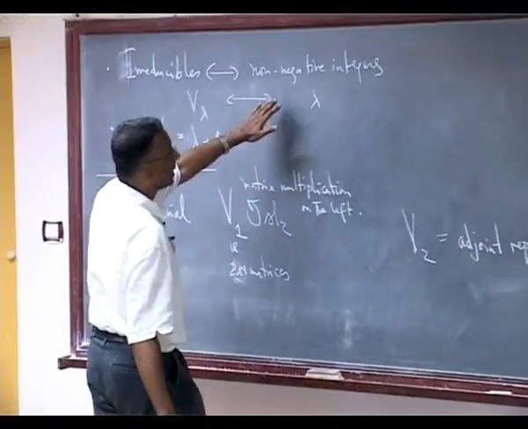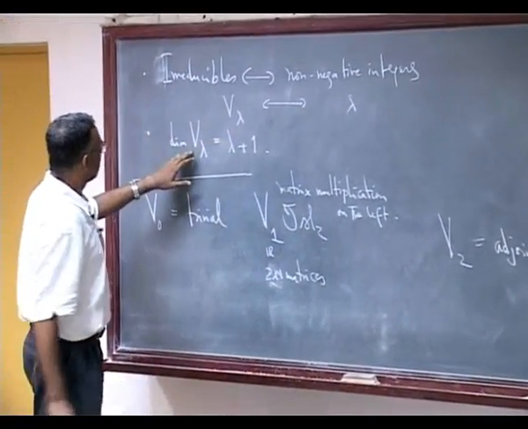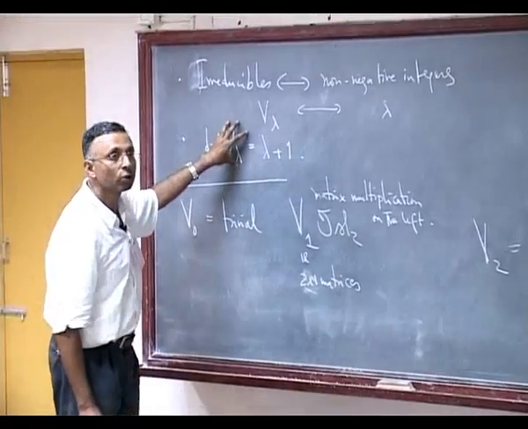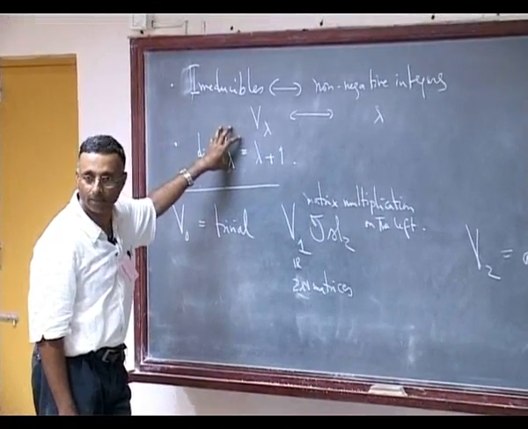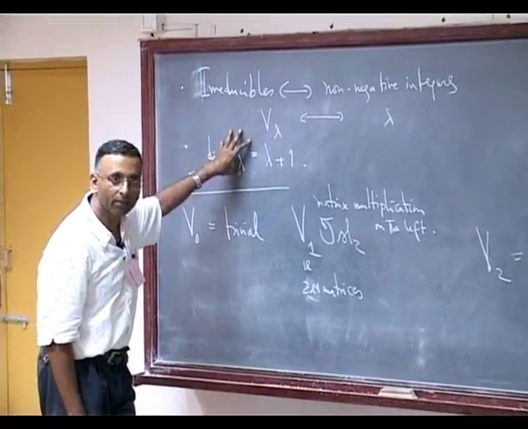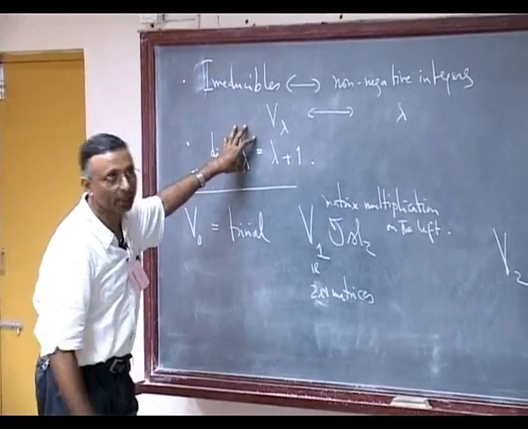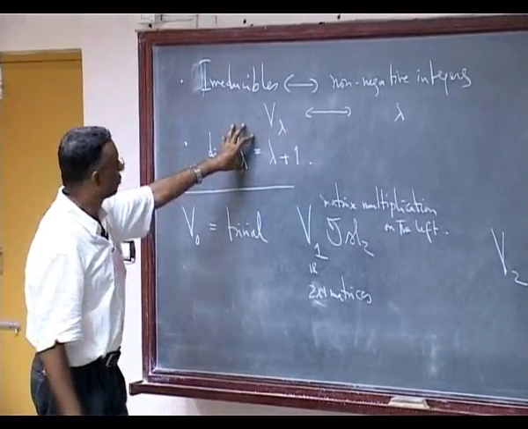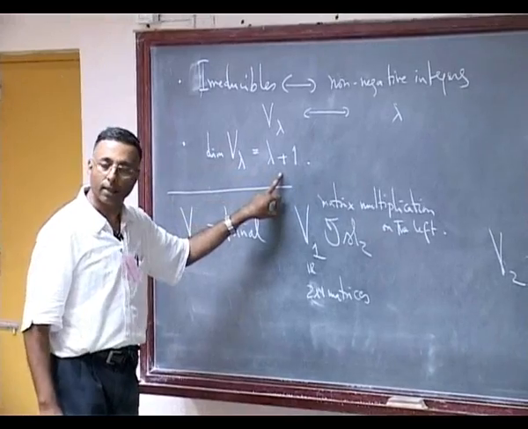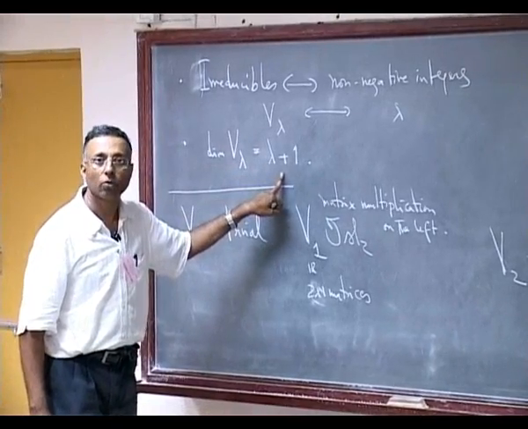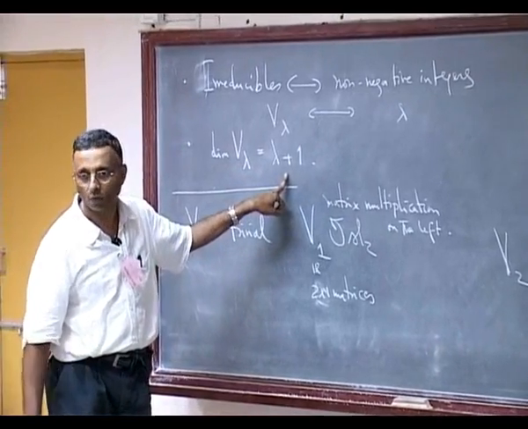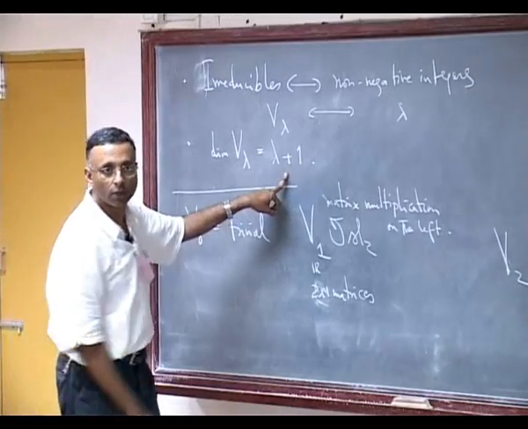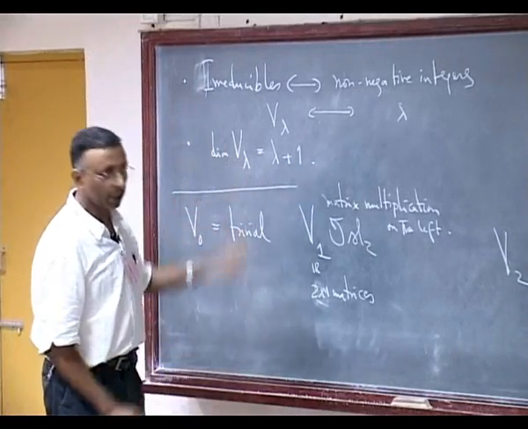And then again there will be some theorems about the structure of V lambda, such as what its dimension might be, what its character might be. So this formula, like I was saying last time, is a special case of what is known as the Weyl dimension formula, which is an important formula.